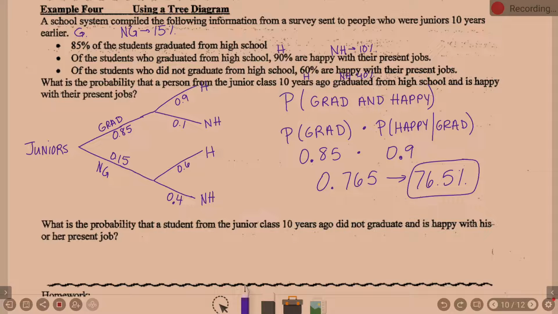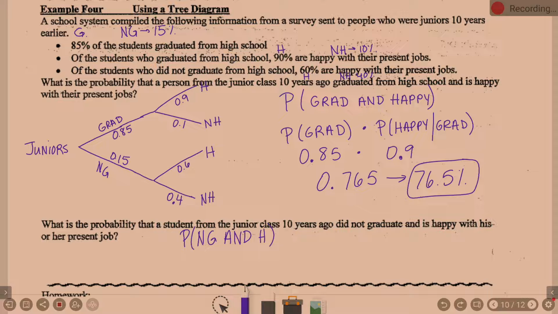The second part of this problem. What is the probability that a student from the junior class 10 years ago did not graduate and is happy with his or her present job? So what are we looking for? The probability of not graduating and, I can't spell and, I just use abbreviations, and happy, N-G and H. Does that make sense? Yeah.